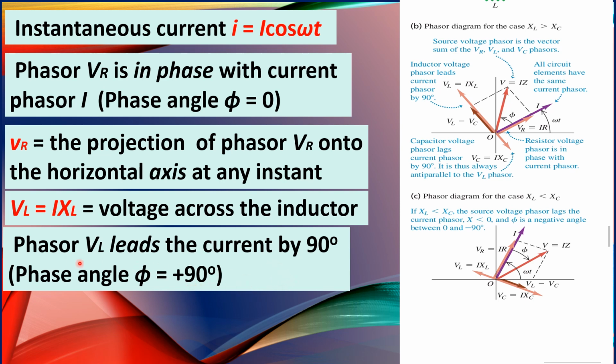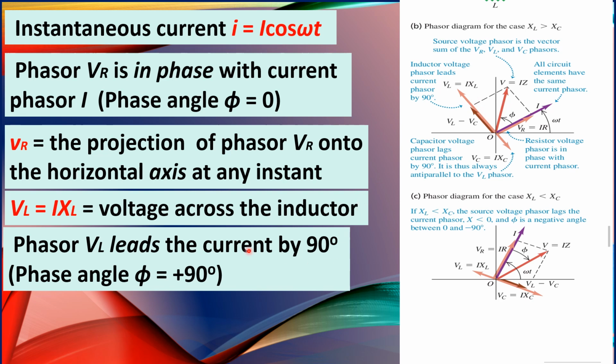So we say that the phasor inductive voltage V sub L leads the current by 90 degrees as shown again in the diagram. All right. If this is the current phasor in the first quadrant, now the angle between the current phasor and the inductive voltage phasor, which is located in the second quadrant, that angle is exactly positive 90 degrees.